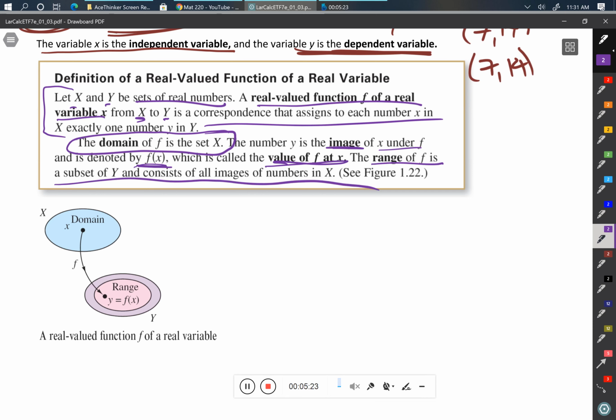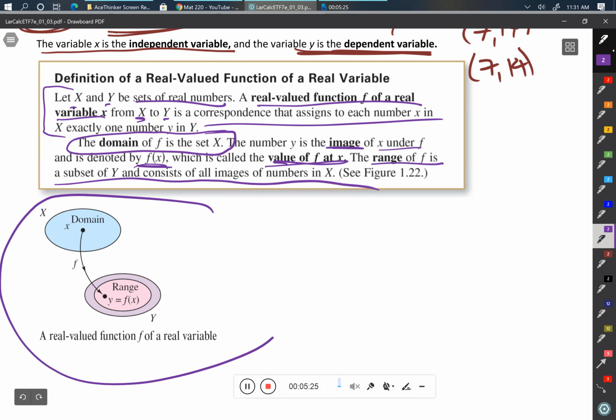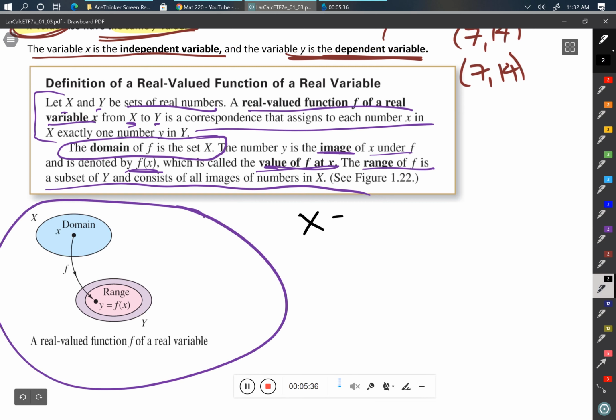Say, wait, what? So here's a picture. I was trying to do it, but let's give it a real simple example. I'm going to go back to the example I used before. All right, so let's say that X is all real numbers, and let's say that Y is also all real numbers.